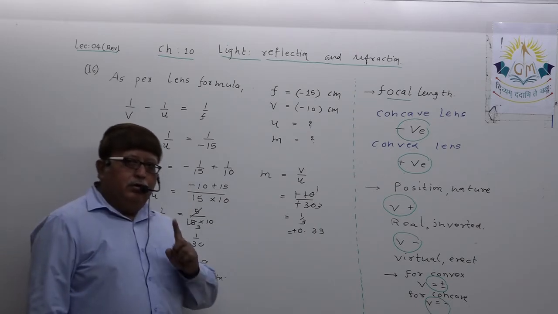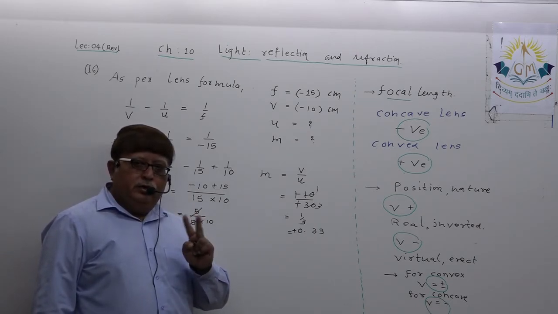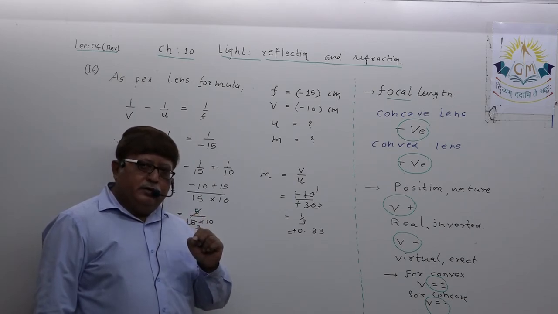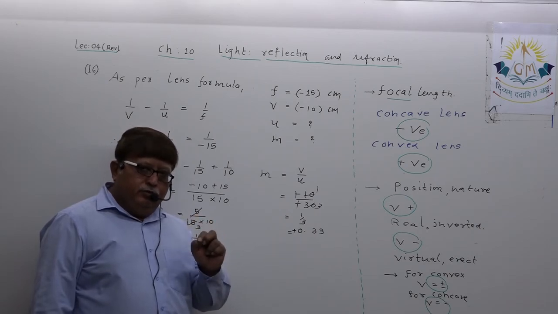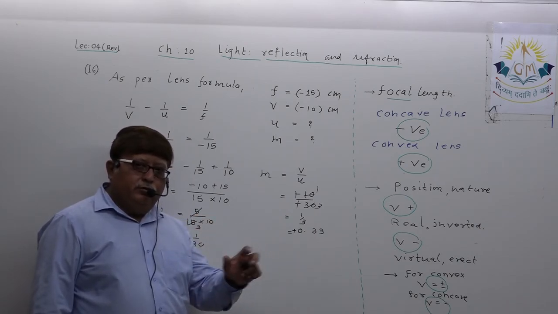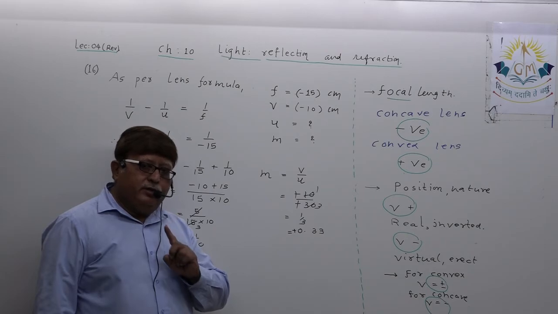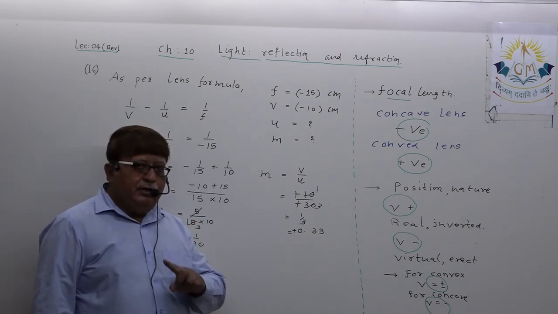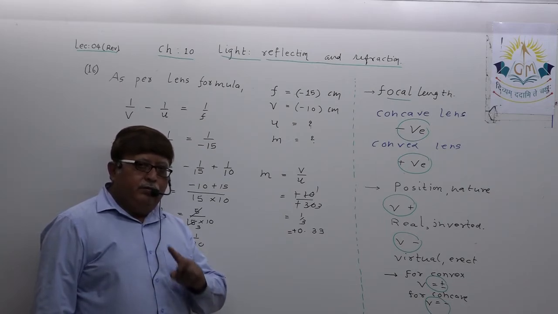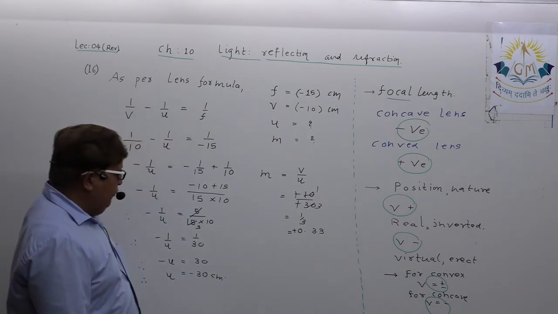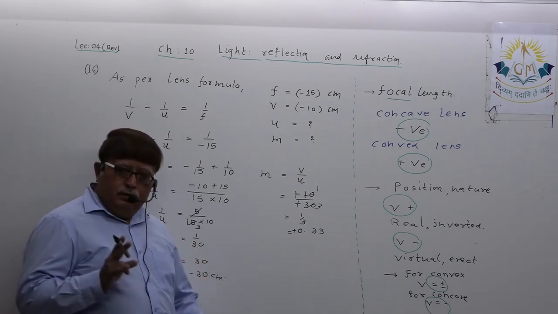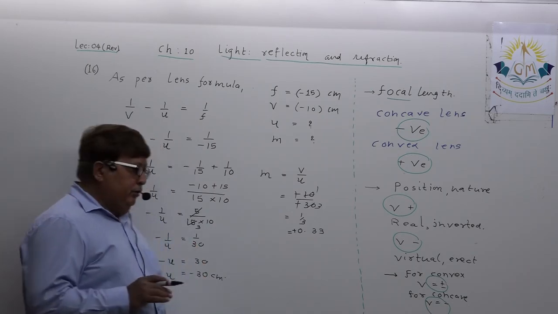And you all know this is also the concept clarity regarding concave lens. Concave lens always forms only one type of image: virtual, erect, diminished. Virtual, erect, smaller. So the value of the magnification in case of concave lens can never be negative. Okay, these are some of the conclusive aspects which you need to keep in your mind.